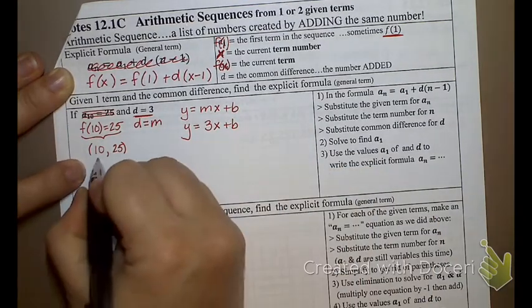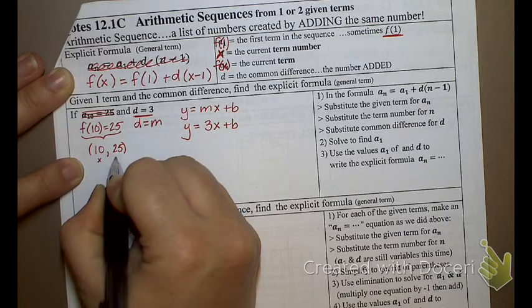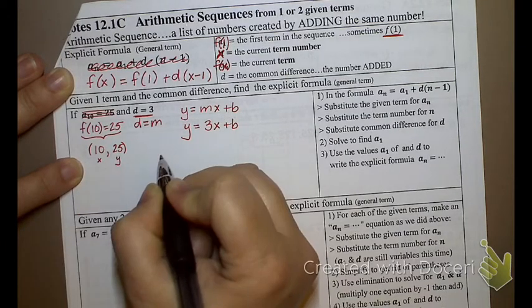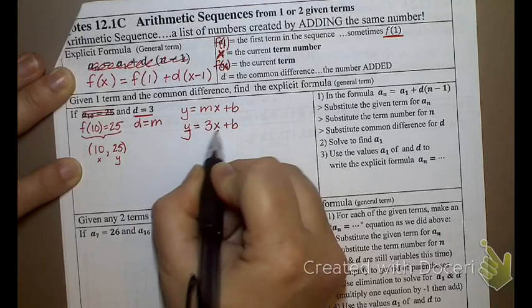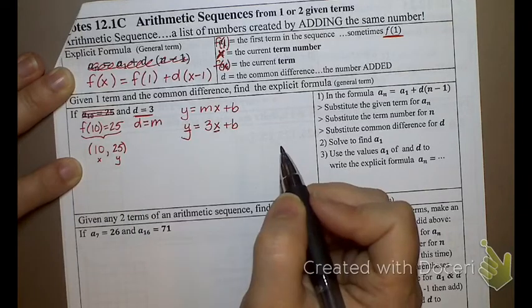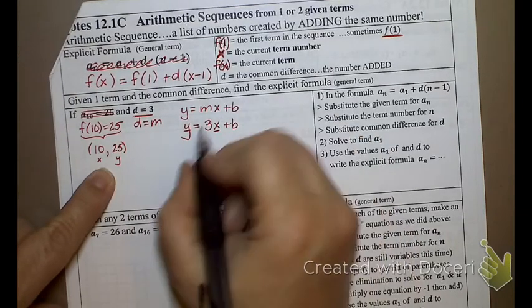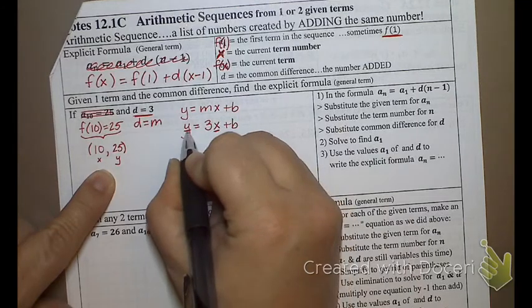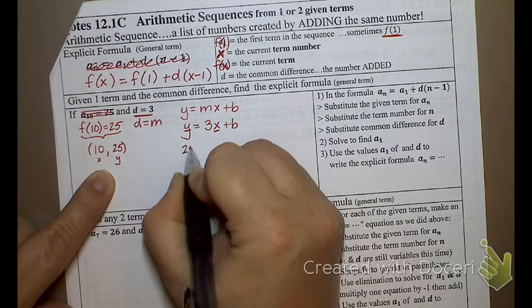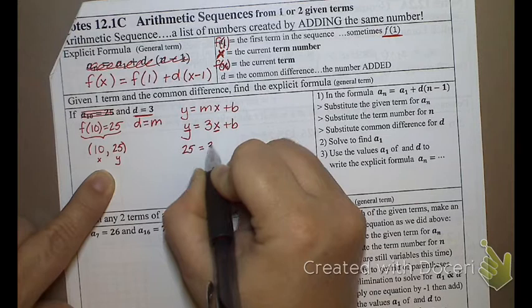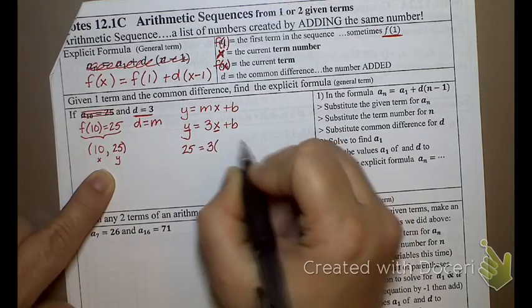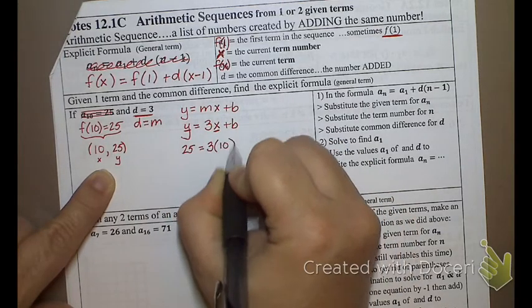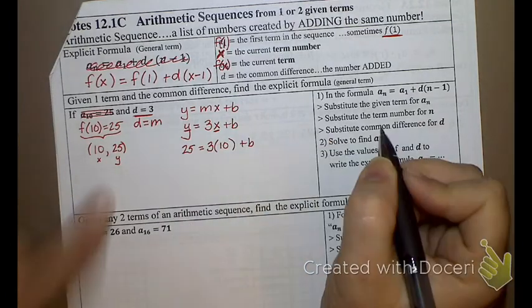Isn't that an x value and a y value? And I have an x and a y in my equation. So let's substitute in these x and y values. So what do I put in for the y? 25 equals 3 times x. What would x be? 10 plus b. I think I can find b.